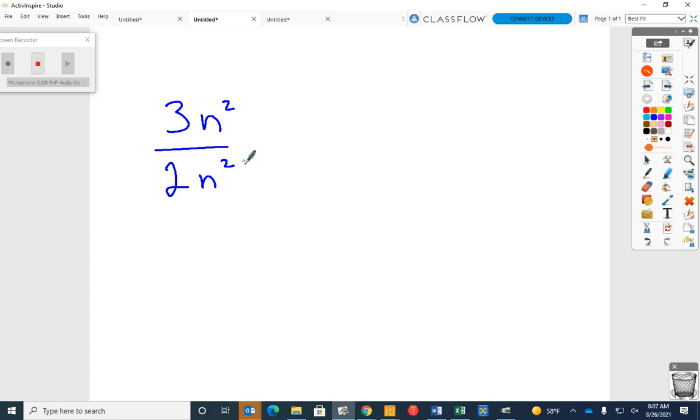I have different coefficients, okay? Can I do anything? Can I divide 2 into 3 evenly? No. So when we can't, we're not going to make it a mixed number like we normally do. We're just going to leave this 3 over 2. Okay? Now, if I have n squared over n squared, well, first of all, what does that mean? Anything over itself is what?